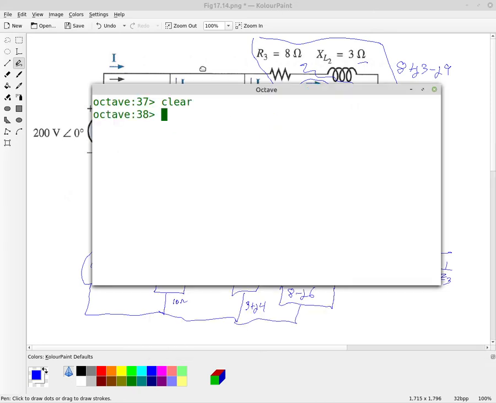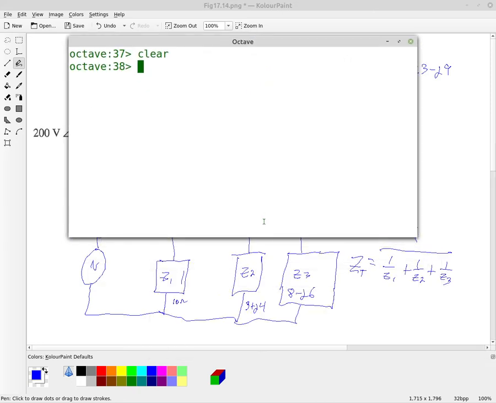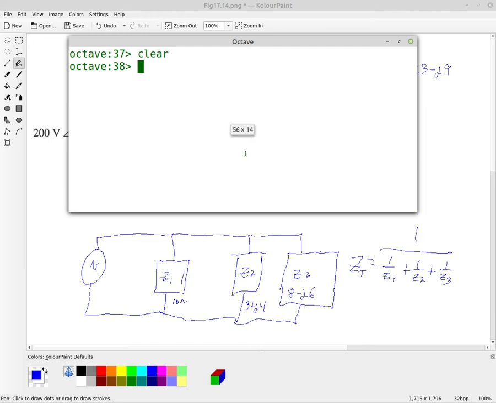So I'm going to use Octave here as my calculator. I'll go ahead and define Z1, which is simply equal to the 10 ohm. Z2 is equal to 3 plus J times 4.